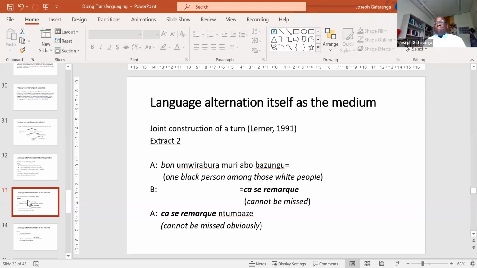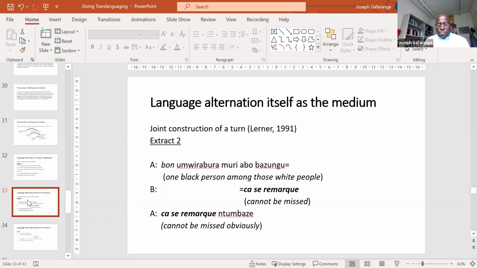And they're basically saying it's easy to notice a Black person amongst white people. And A starts a turn constructional unit, says one Black person among those white people. It says that in Kinyarwanda. B comes in to complete, says, ça saute aux yeux, it cannot be missed. And in 3, A ratifies that completion as appropriate by repeating the complement.